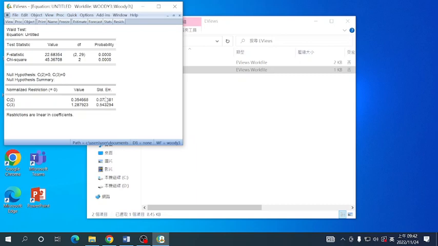So of course, it will be smaller than 5%. So reject the null hypothesis, which means as a group, P and I, both of them are very important to the model.